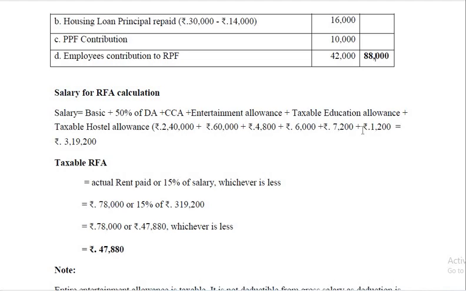If you add up all these things: basic, 50% of DA, CCA, entertainment allowance 6,000, taxable education allowance 7,200, and taxable hostel allowance 1,200, it comes to 3,19,200.